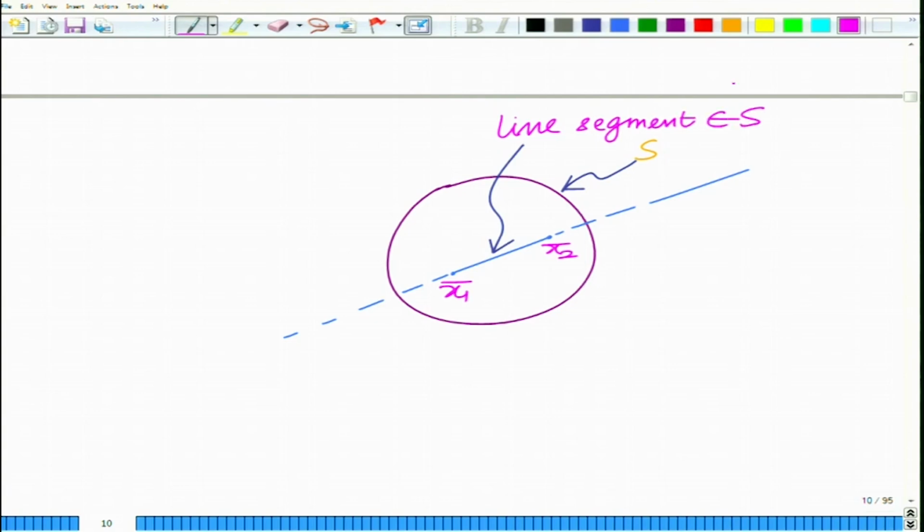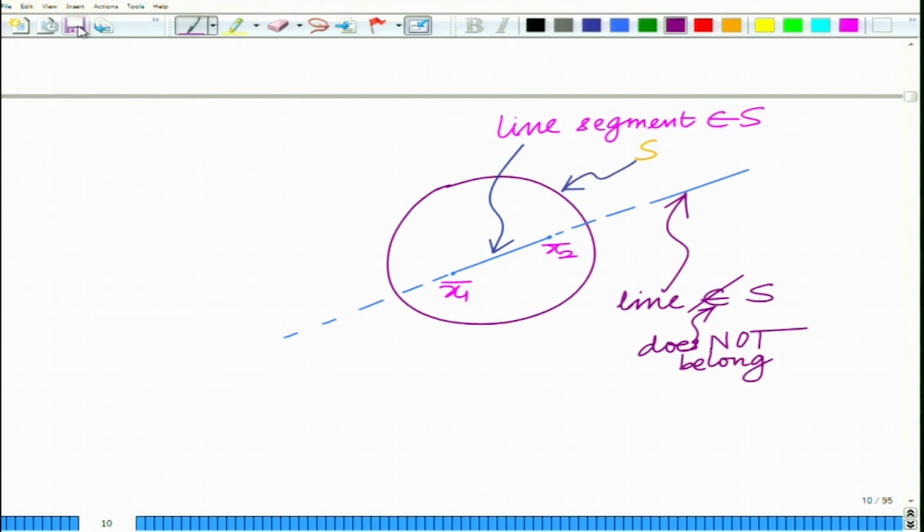The line segment belongs to S, but the entire line does not belong to S. It's a very simple thing. So every affine set is convex, but every convex set is not affine. This is the interesting relation between affine sets and convex sets.